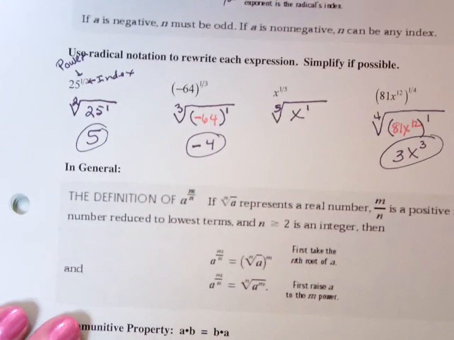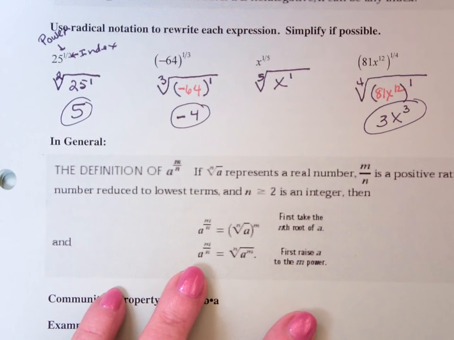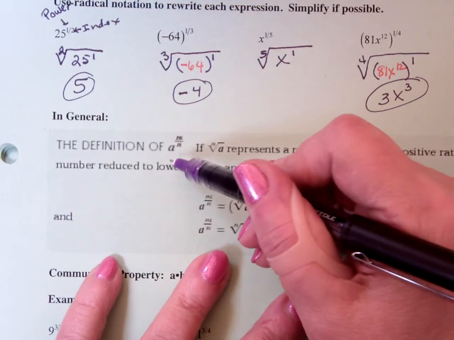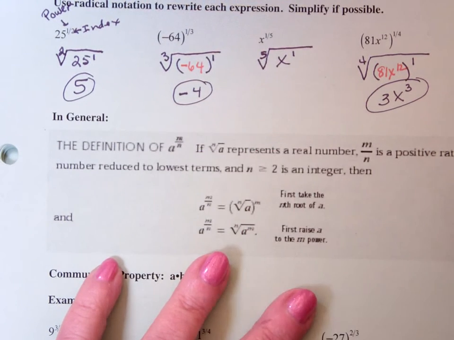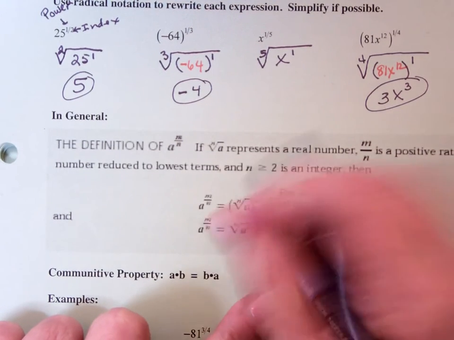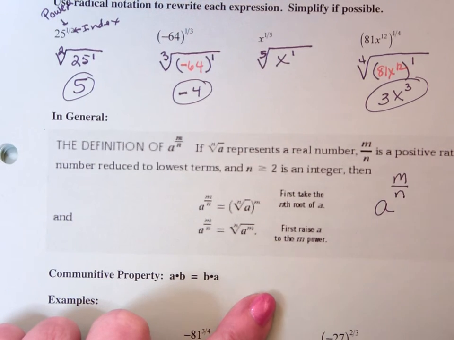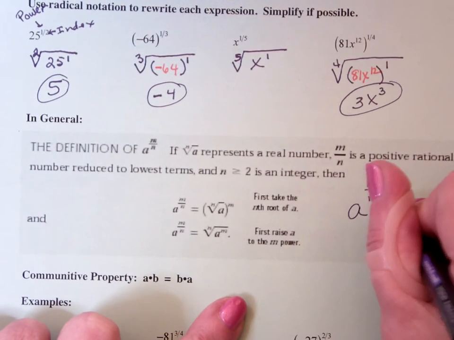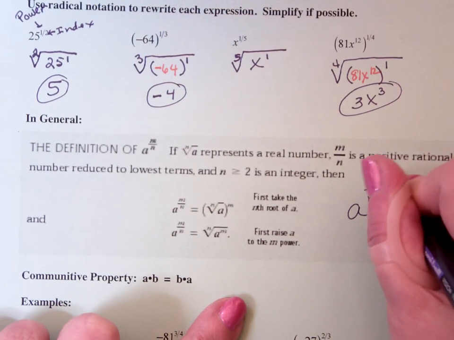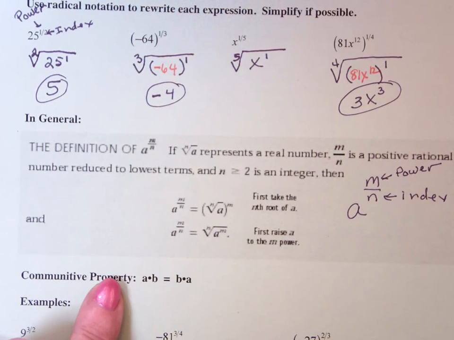Now here we go. Now this is what's really kind of interesting. Well, maybe only to me, but it's kind of interesting. Suppose I have a to the m divided by n. Now remember, n is the index, and m is the power.